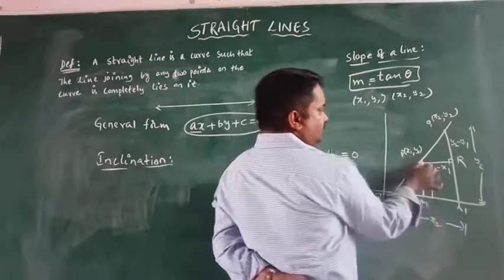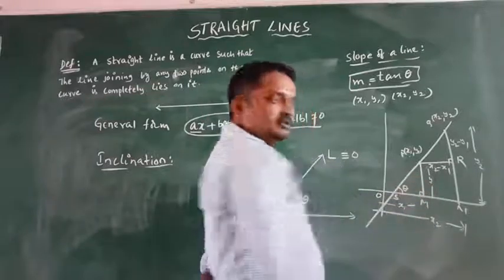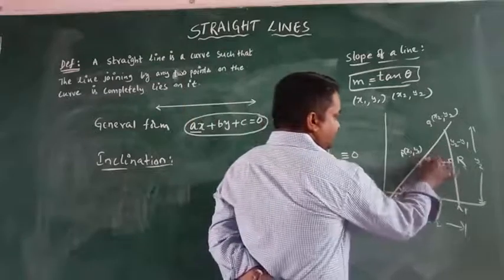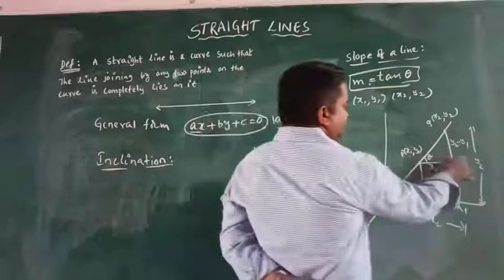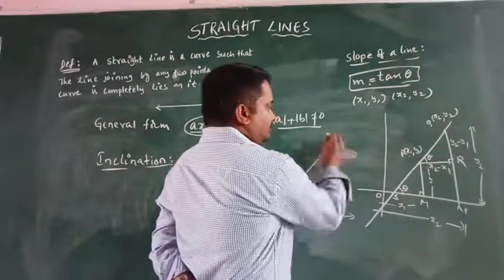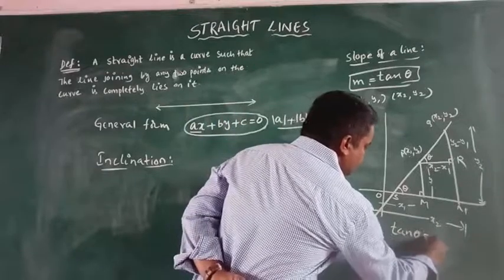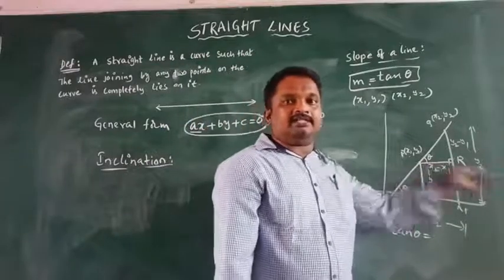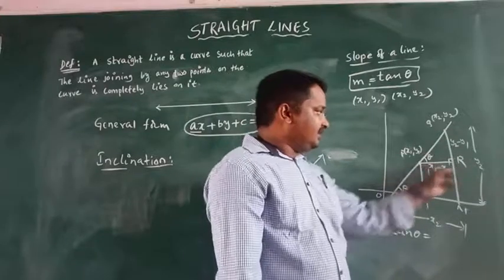Now the triangles SPM and PRQ are similar triangles, so this angle is equal to this angle. Now apply tan theta in triangle PQR. Tan theta equals the side opposite to the angle by the side adjacent to the angle. Here the opposite side is QR and the adjacent side is PR.